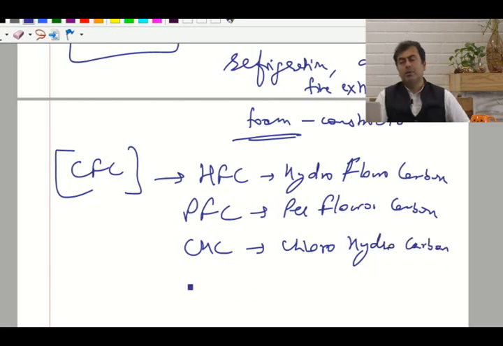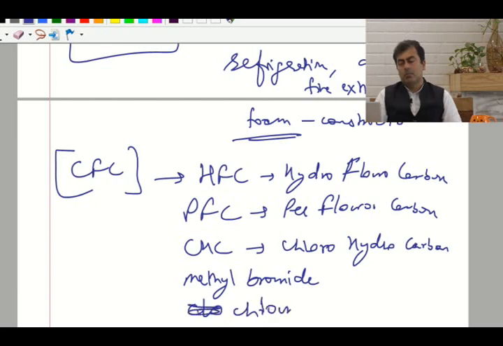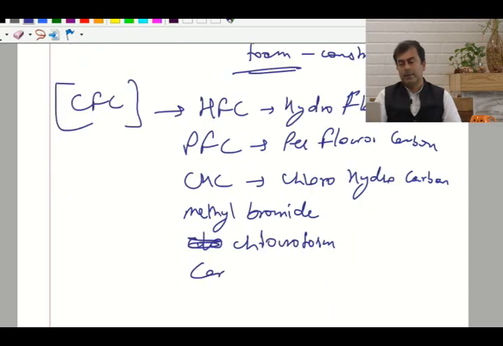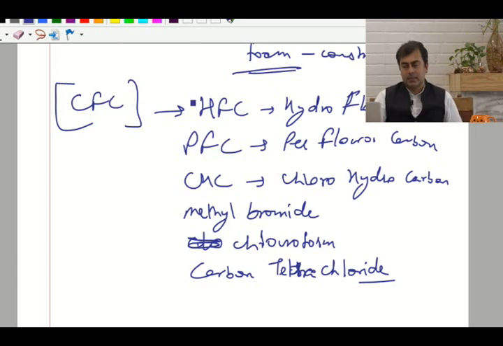If we add bromine to it instead of chlorine, this is called methyl bromide. Chloroform. Carbon tetrachloride. So all these are gases.